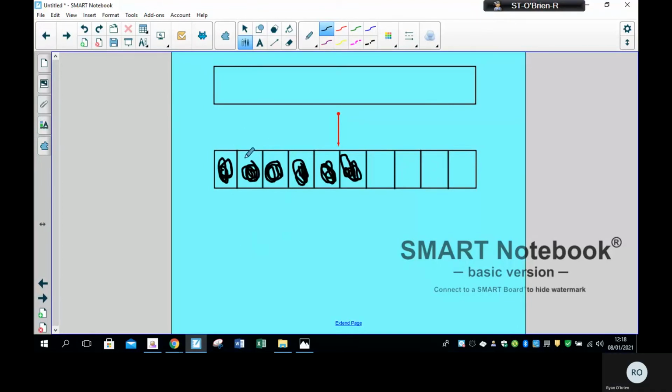Well, 1, 2, 3, 4, 5, 6, 7, 8, 9, 10. I've got 10 parts. Okay, so my denominator, I've got 10 parts. And I've got 1, 2, 3, 4, 5, 6 parts shaded, 6/10, 6 out of 10.